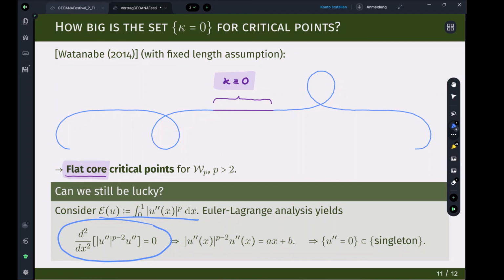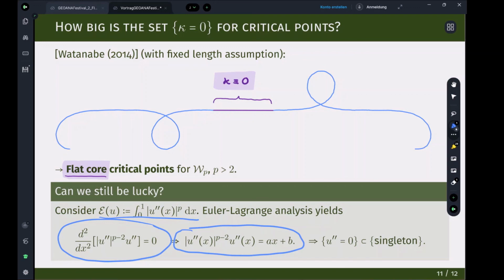If one looks at this equation, one sees that an immediate consequence is that |u''|^(p-2) u'' has to be a line there. And now lines vanish at maximum one point, or they vanish always.